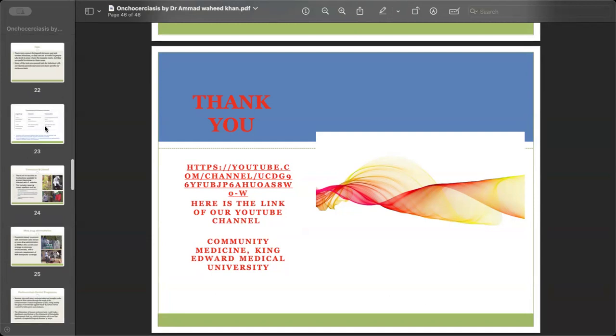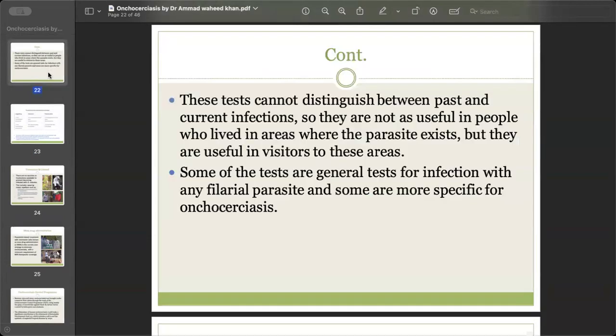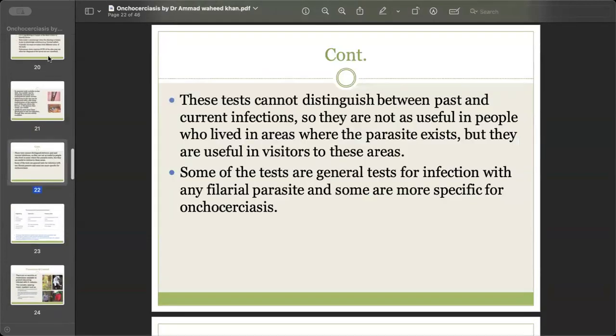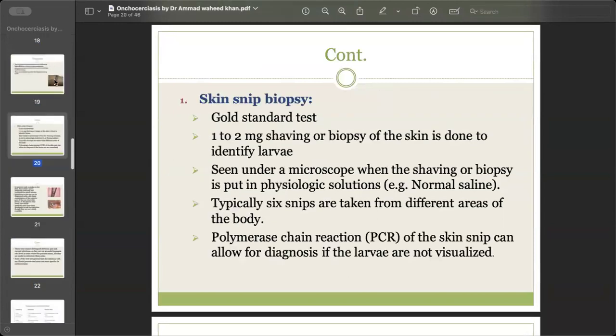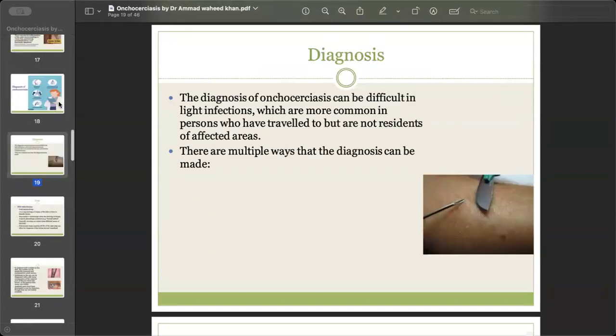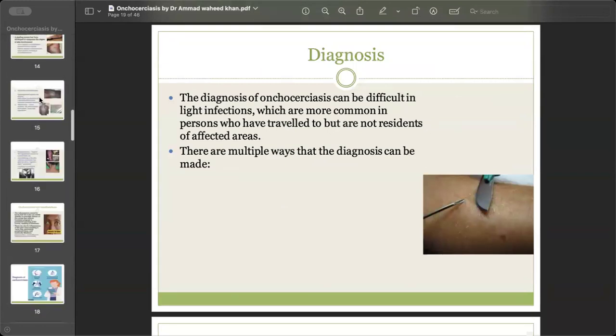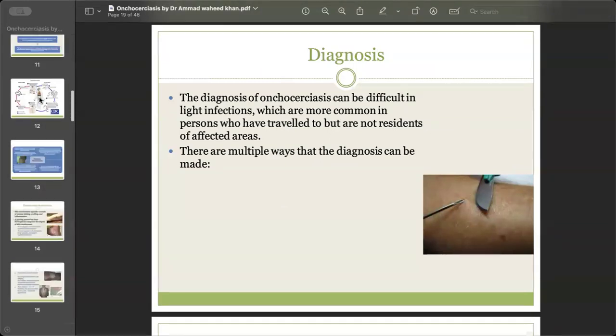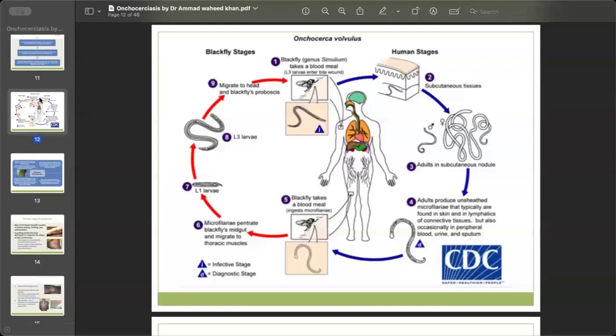However, this infection is more common near fast flowing streams and rivers. That is why it is also called river blindness. It occurs in remote rural villages where hygienic practices are not there.